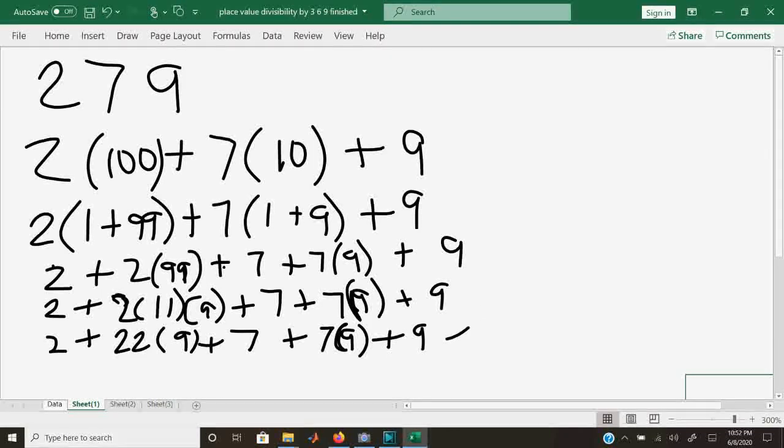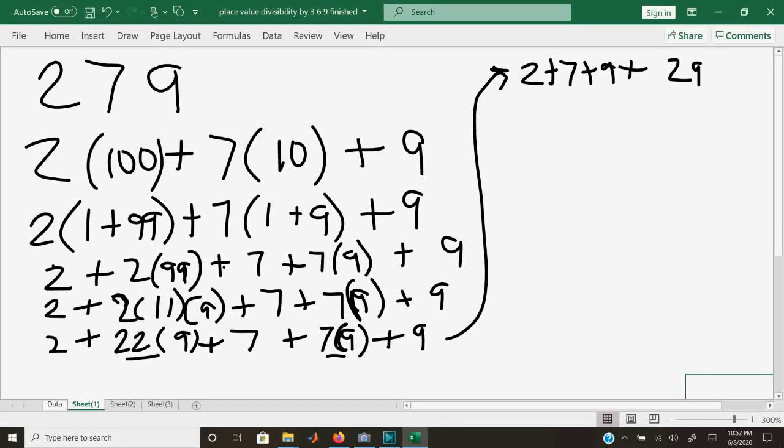So I'm going to take that, running out of room, and I'm going to group it into things times 9. So I have my original numbers, 2 plus 7 plus 9, plus 22 times 9 plus 7 times 9, which is 29 times 9.